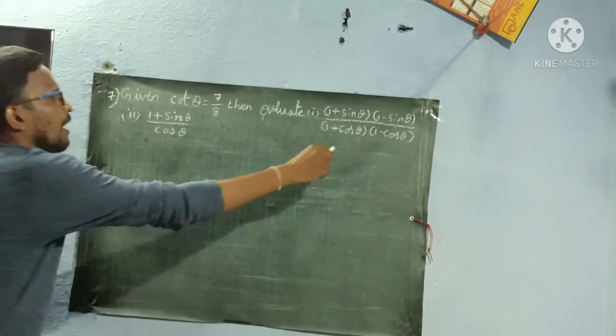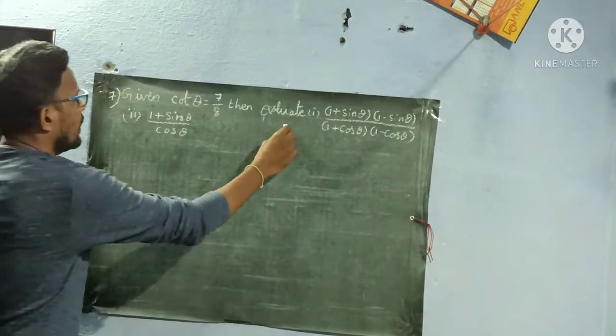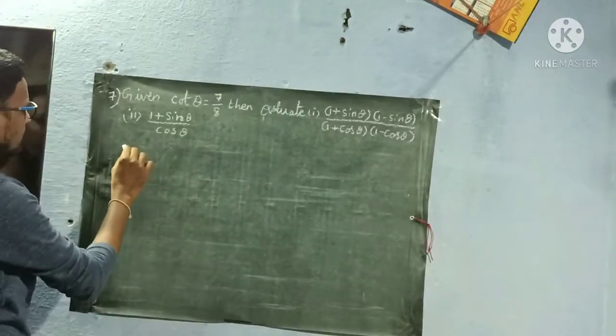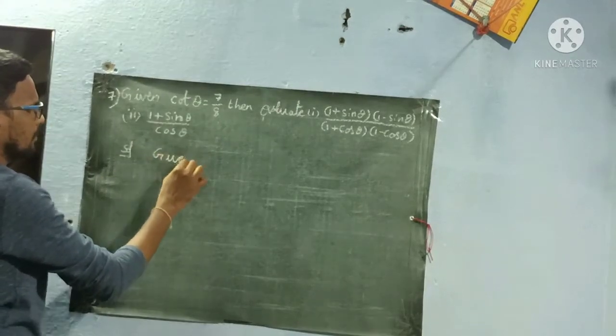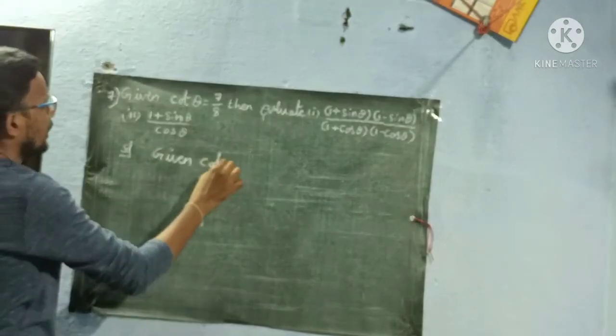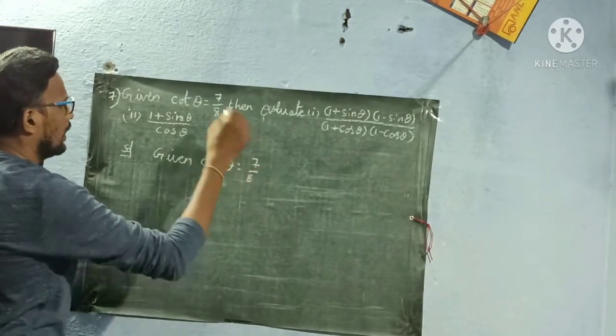So students, before evaluating the values of sin theta and cos theta, first let us write the given. I am writing given: cot theta is equal to 7 by 8.